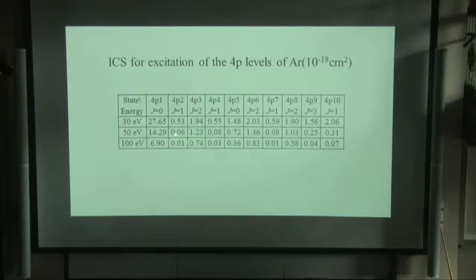But by 50, these are starting to drop off, these ones with the odd values of J. And by 100, they're really small. Whereas the other ones, the ones with the direct term that's non-zero, are much bigger. They drop off much more slowly.